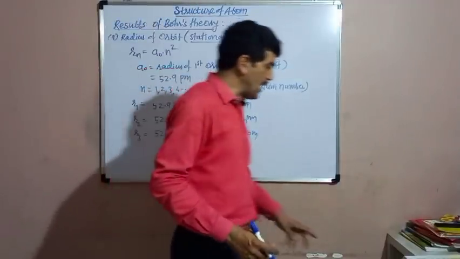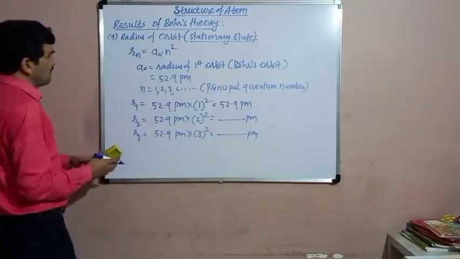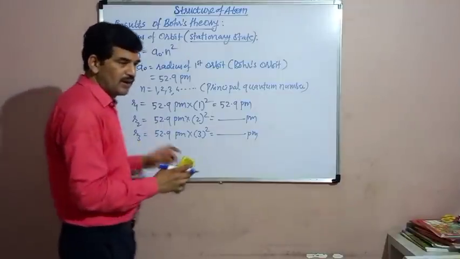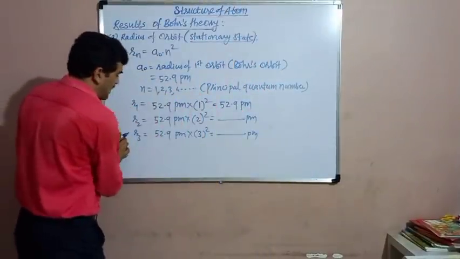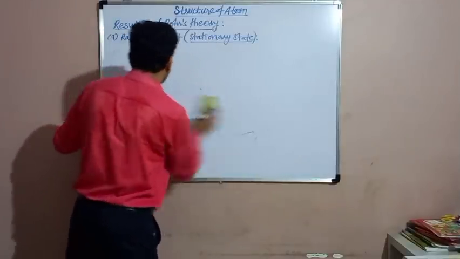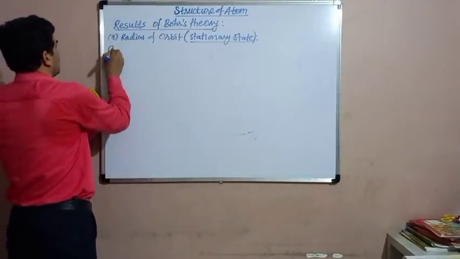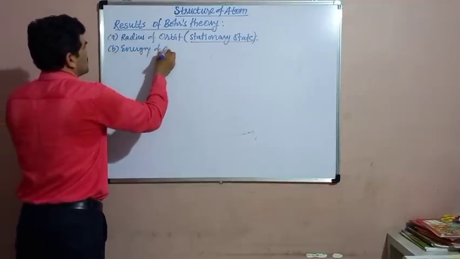Now, the second application of the Bohr's theory is to calculate the energy of the orbits. The energy of the orbits can be calculated by using the Bohr's theory.